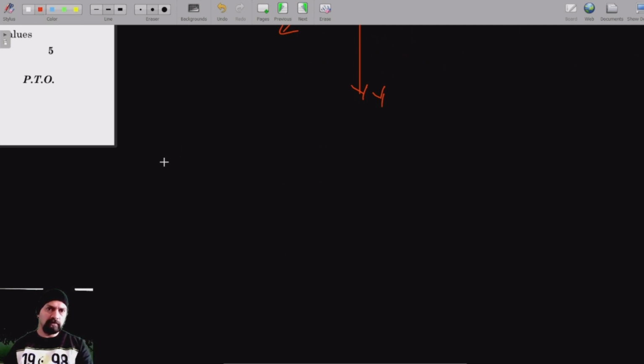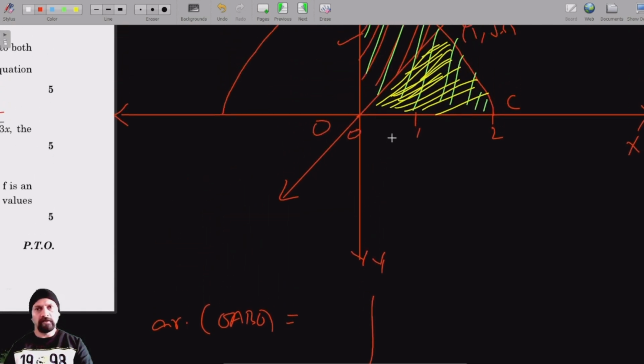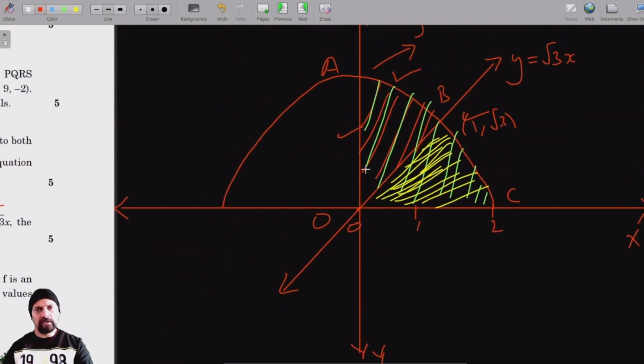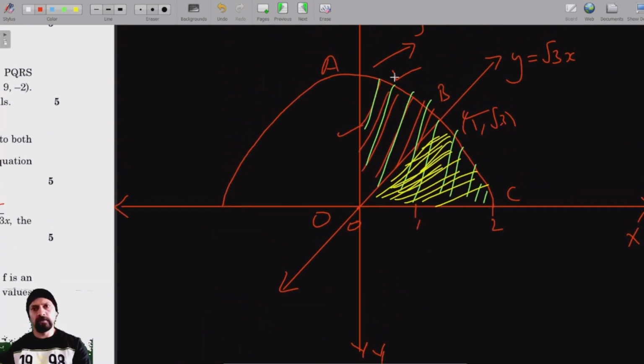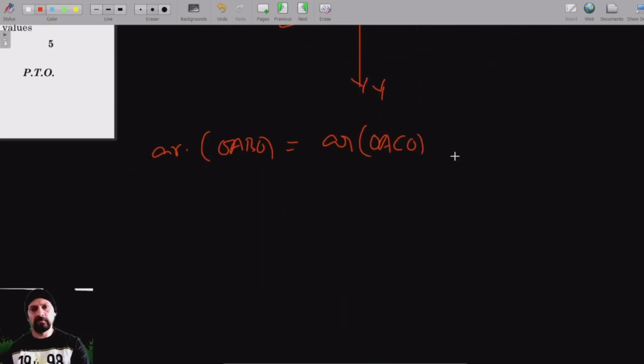So the required area is area OABO, and let's first try to get the area OACO, the whole area OACO minus area OBCO.